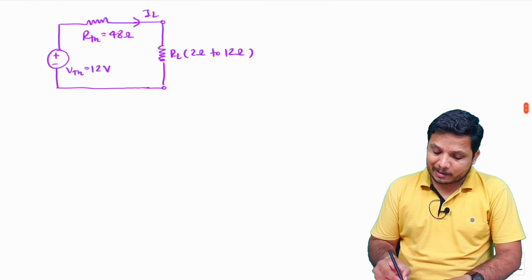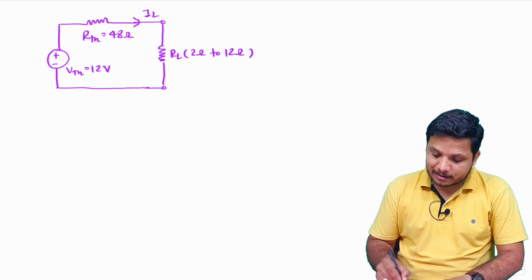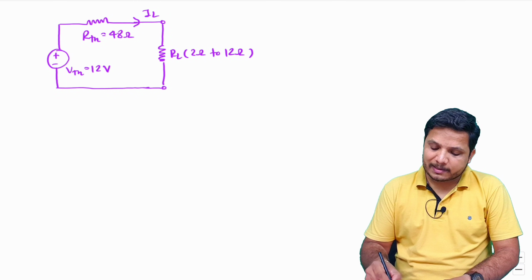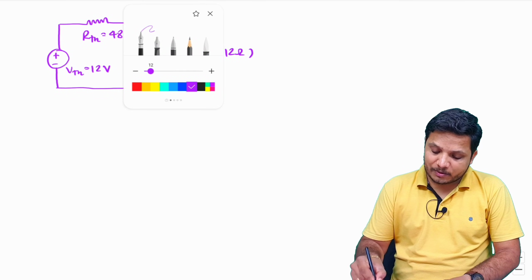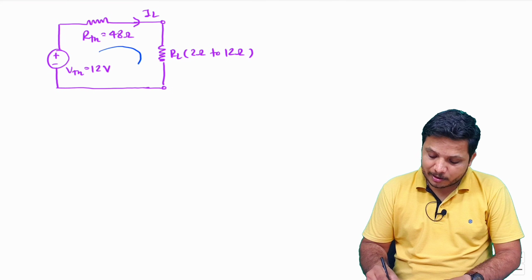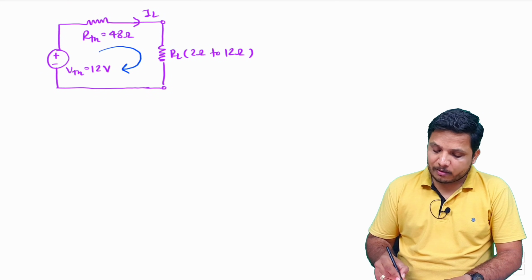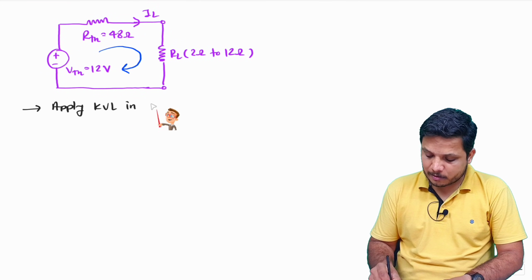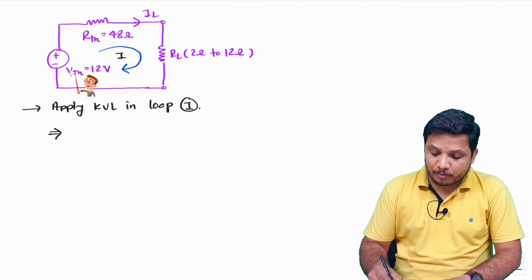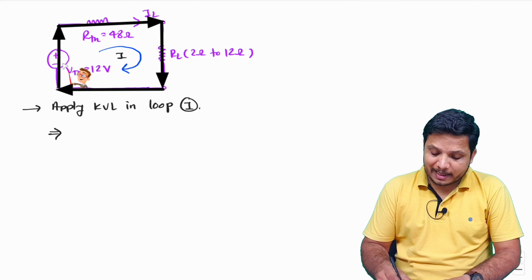If you want to calculate this IL, now this is a very simple circuit. The only thing is you just need to consider a loop. So if I consider this loop, what will happen? Now you see in this loop, VTH is the only voltage source, going from minus to plus.